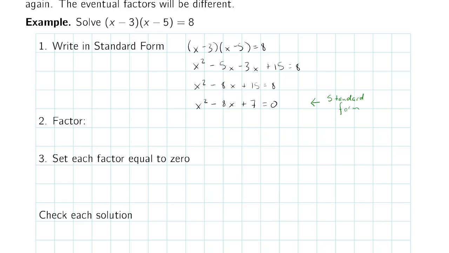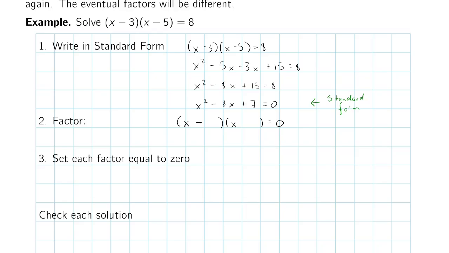Once we have our equation in standard form, we'll factor the polynomial side. So this is a quadratic trinomial with leading coefficient 1. We can use the shortcut to the AC method, and we'll say our two numbers have product positive 7, sum negative 8.